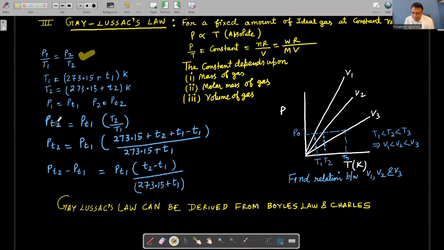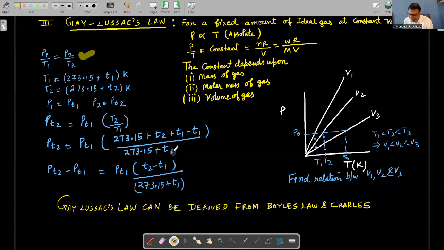So if I calculate the value of P2, P2 is equal to T2 upon T1 into P1. If we put the value, we are getting P at T2 degrees Celsius equals P at T1 degrees Celsius multiplied by T2 upon T1. So if I put the value of T2, T2 is 273.15 plus T2 degrees Celsius. And here in the numerator, I am adding T1 and subtracting T1. So this will cancel out. So basically, I am writing T2 divided by T1.